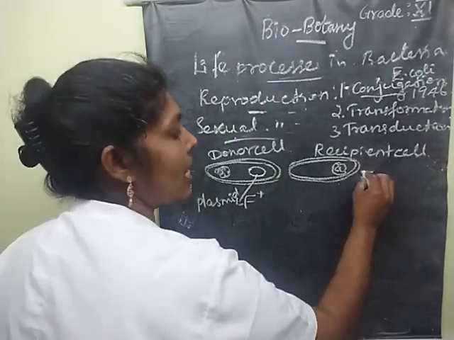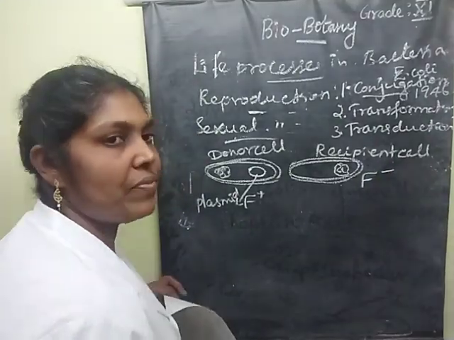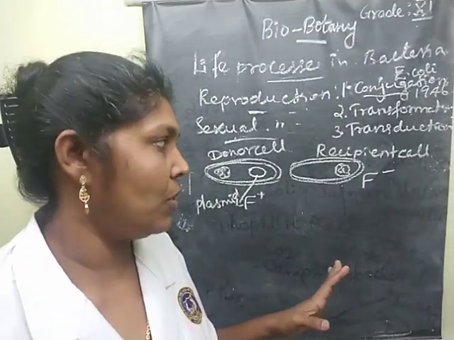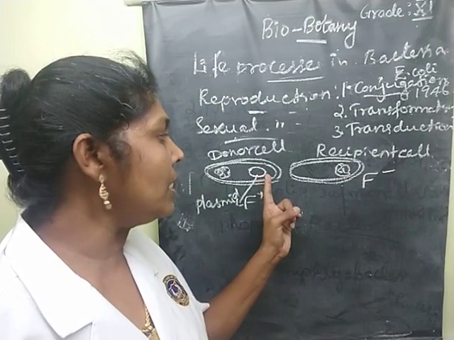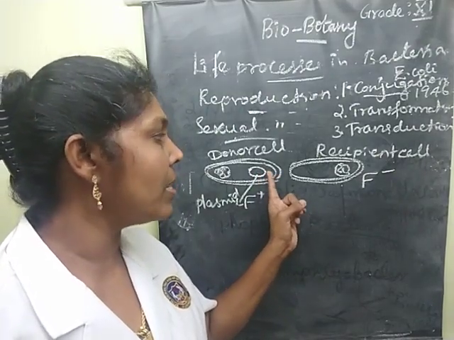So this is the F minus cell, where the fertility factor is absent. How is the gene transferred from here to here?